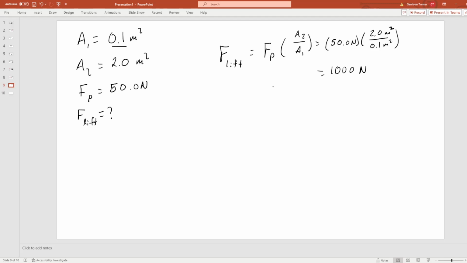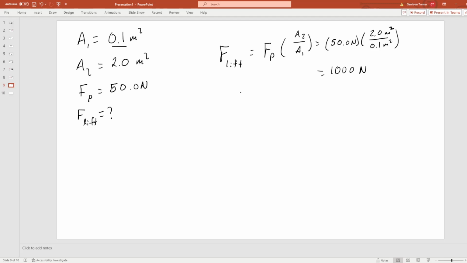And because that pressure is going to be exerted over a much larger area on the other side with the other cylinder, piston, if you will, then the total force that you're lifting it with must be larger. Okay? But there's a catch.